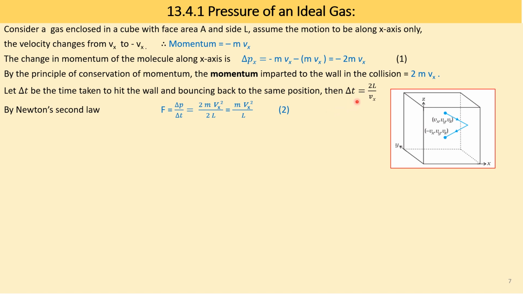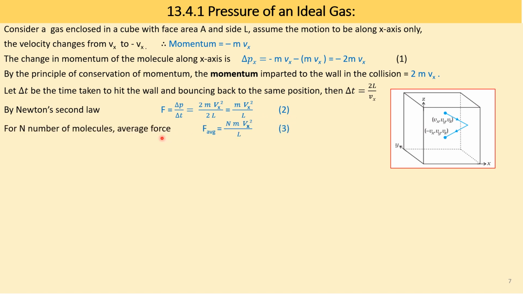By Newton's second law, force is equal to change in momentum over time. Therefore, delta P is 2m into Vx and delta t is 2L by Vx, and this Vx goes to the numerator. So F is m into Vx square by L. Let it be equation 2.